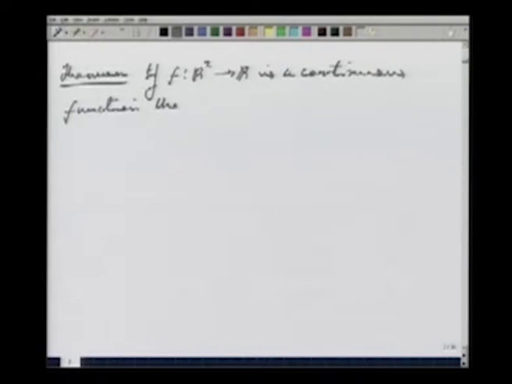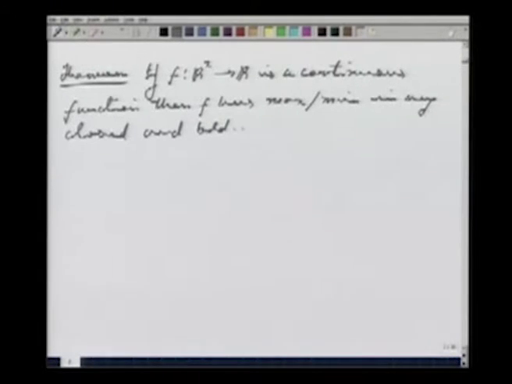then f has maximum and minimum in any closed and bounded region omega.